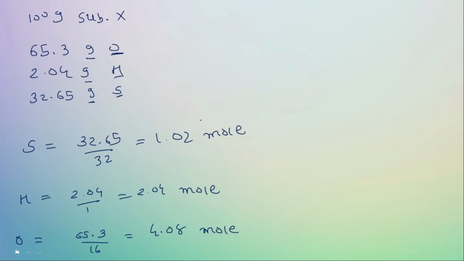Then divide all these moles with the least number. The least number is 1.02. So 1.02 for sulfur, and for oxygen 4.08 divided by 1.02 will be equal to 4. Then sulfur will be equal to 1.